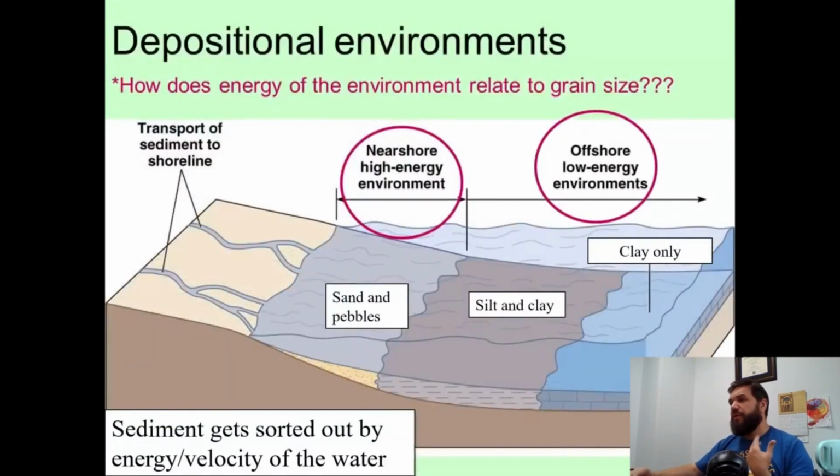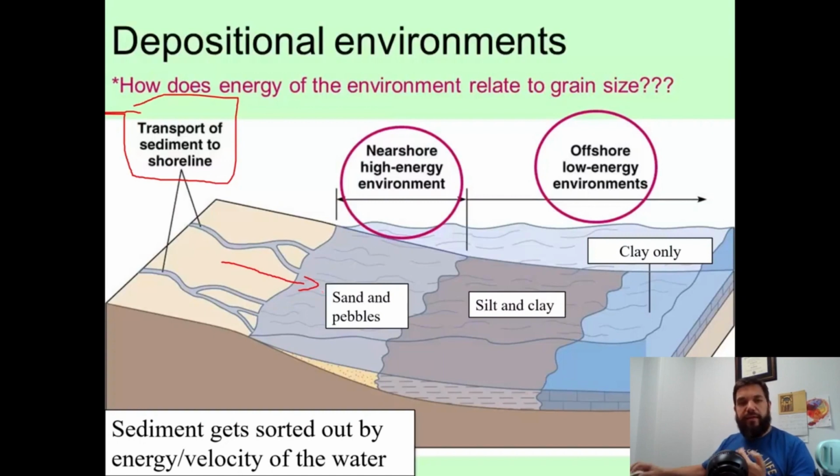There's also a really important thing we need to talk about regarding the energy of the environment. The main idea here is that as sediment gets transported from the continents into the oceans, near shore, I'm sure you've all been to the beach, like Padre Island or Whitecap Beach, you're going to find sand.